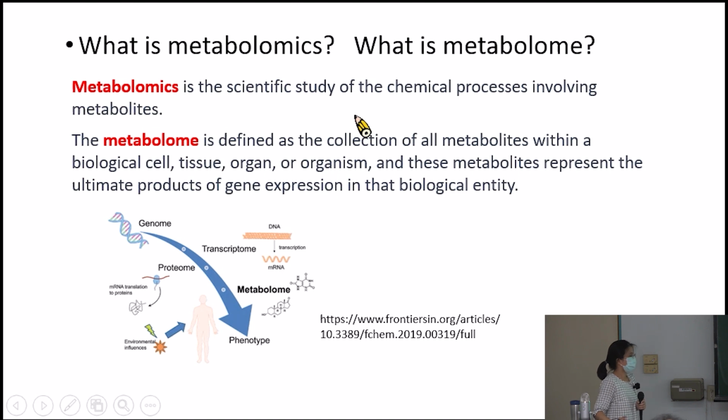Okay, so let's look at this figure. This figure is basically the central dogma of molecular biology. Hopefully you are familiar with it, because it describes that in our cells, all of our hereditary information is present in the form of DNA.